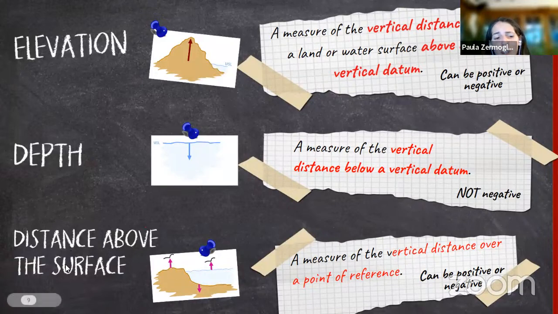Because the concept is called distance above the surface, but it can be above or below, it can be positive or negative. If it's above the reference surface, it will be positive, and if it's below, it will be negative. So in this little drawing here, we have two that are positive and one that is negative.